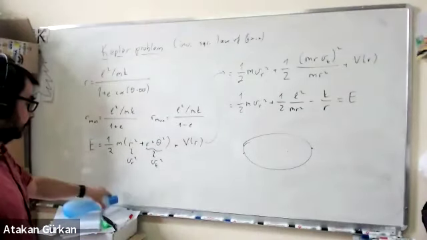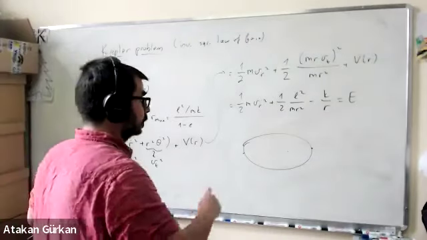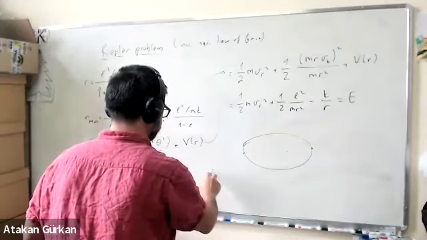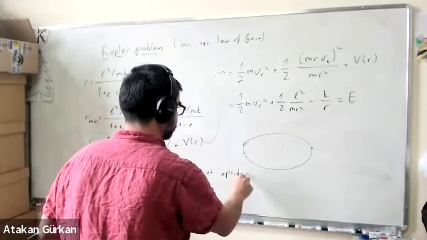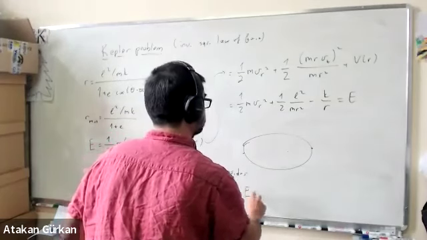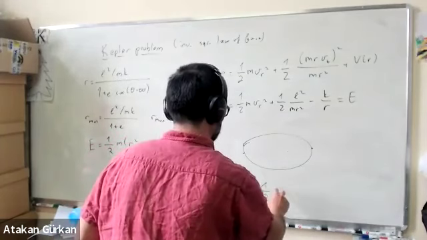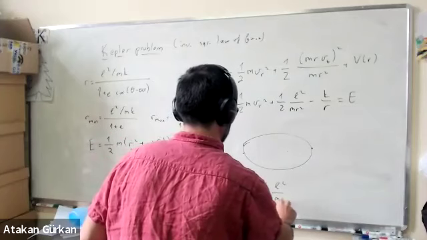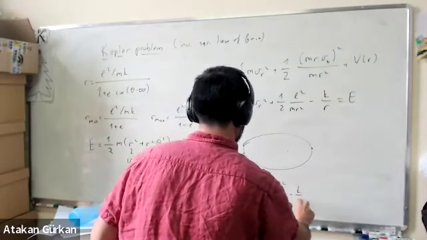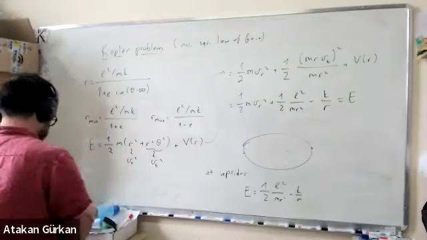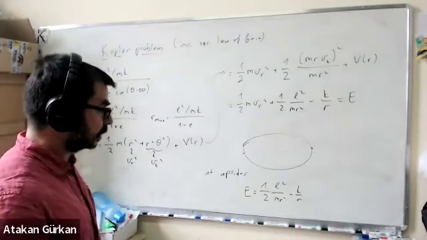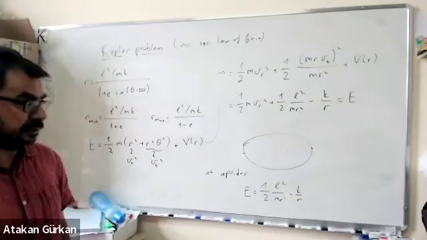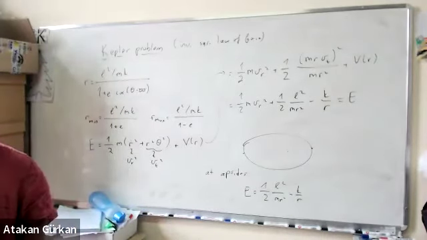So let's write it this way. And so I'm going to say at apsides, I think that's the plural for this, E is equal to a half L squared by R squared minus K over R. So I can take this, multiply this by R squared and turn this into a quadratic for R, and I can find the roots. But I don't have to find roots.